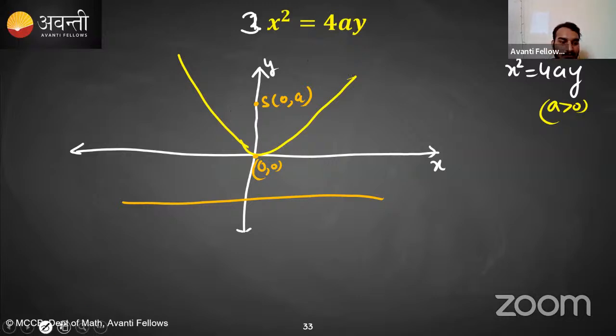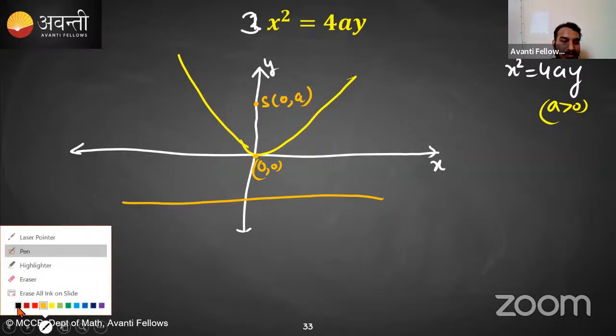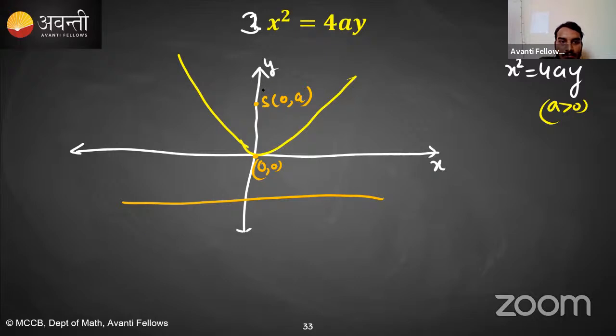See how you will do it. First of all, what is the axis of symmetry? The y axis is the axis of symmetry, or the axis of the parabola, right? I have told you that the directrix is perpendicular to the axis of symmetry.